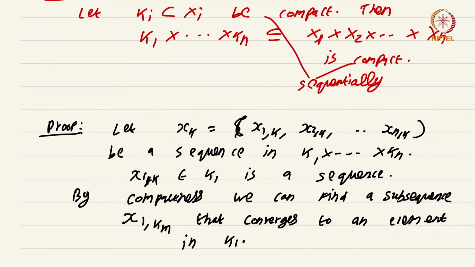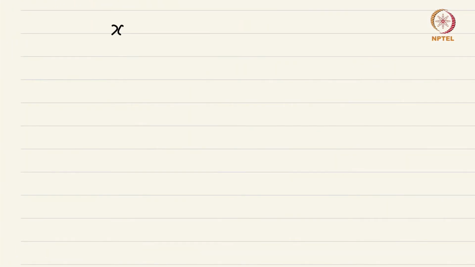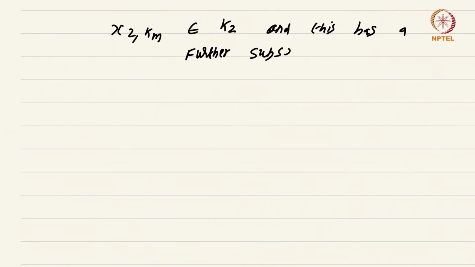Now I'm going to consider the corresponding subsequence of x2k, that is, x2 km, which is a sequence in K2, and this has a further subsequence that converges.